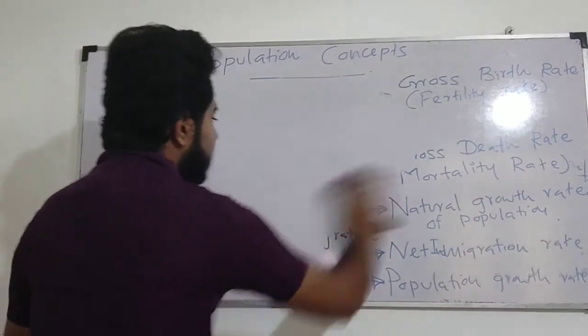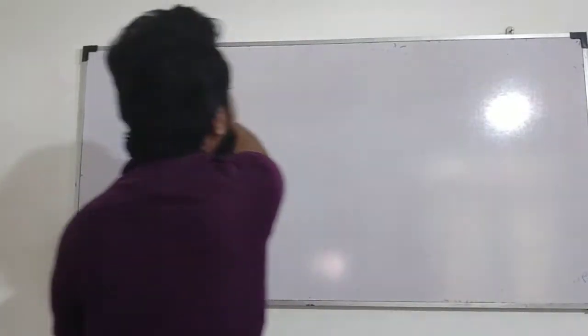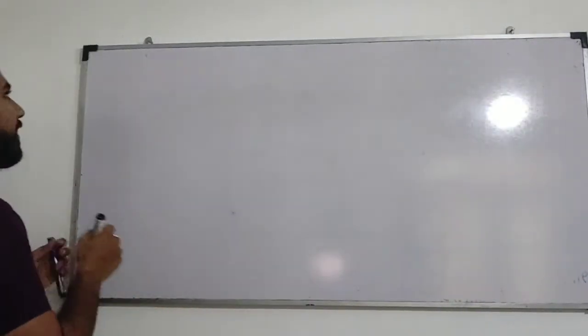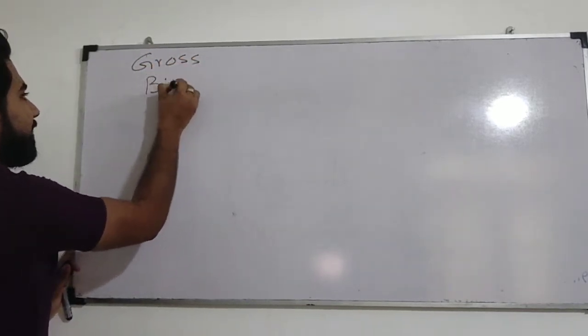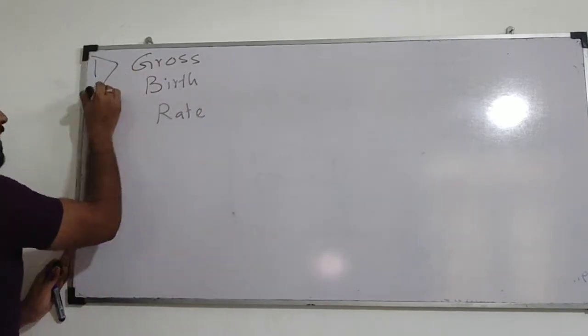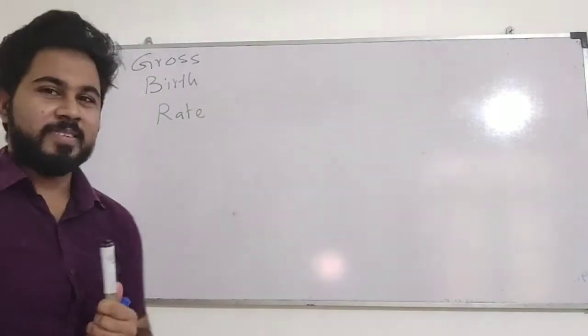Let's pay attention to the first one, the gross birth rate. This is the first concept. How are we calculating this one?